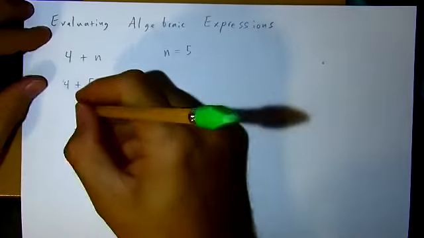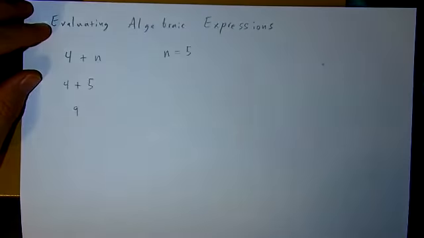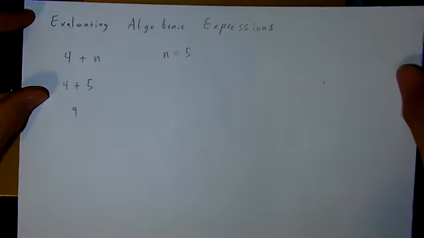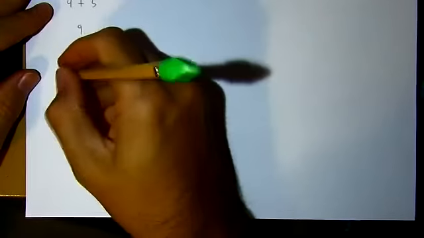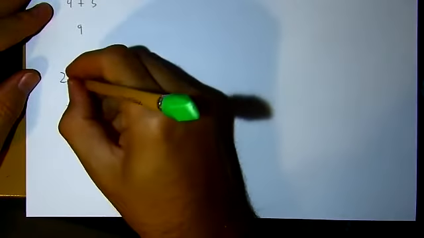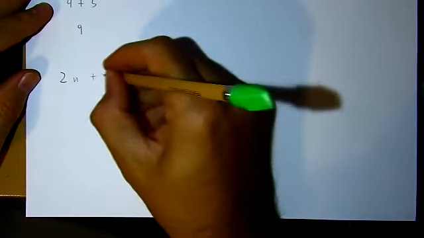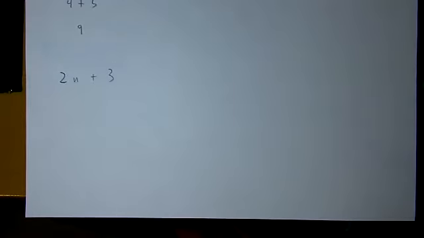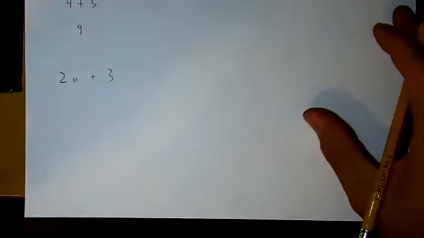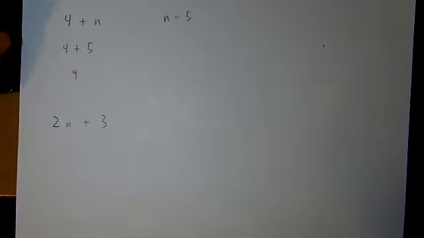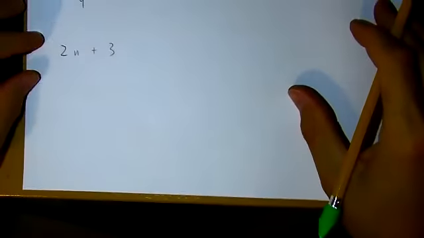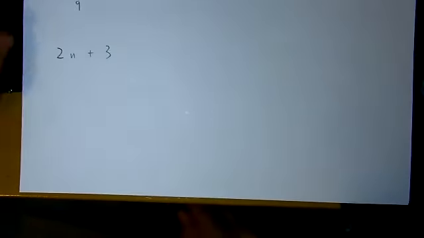So of course they're not going to be this easy on the test. We'll build up to the more difficult ones. So you might have something like this, and for now I'm just going to leave n as being 5 to make it less complicated. So if you have something like this, a number next to a letter, it means multiplication.